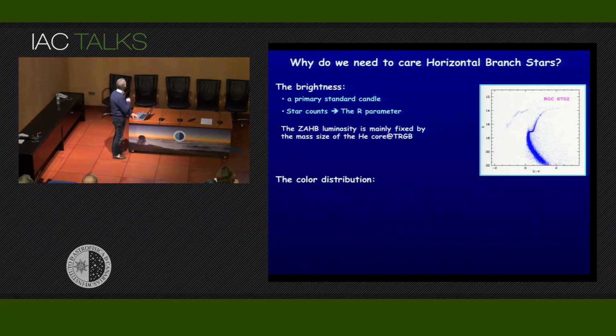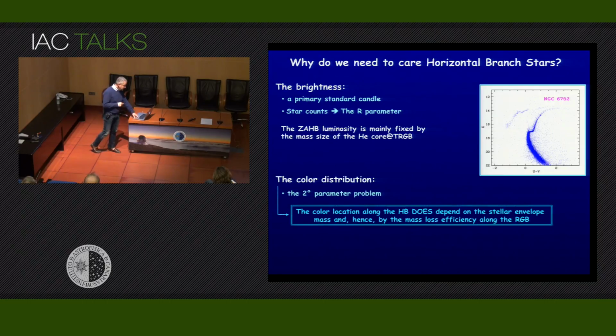Another important feature is the color distribution, how the stars are distributed as a function of the color. And this is very important for a well-known and long-standing problem, the second parameter problem. I will not discuss it now because I come back to this point later. This is a very famous problem in the context of the Milky Way. And the color location, the distribution of stars along the horizontal branch, depends mainly on the mass size of the stellar envelope.